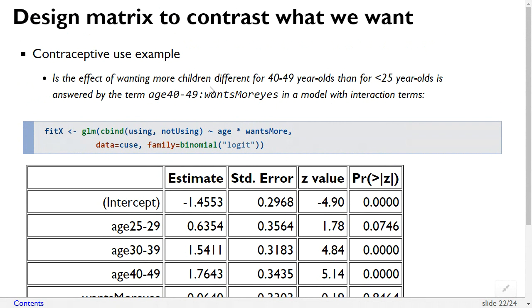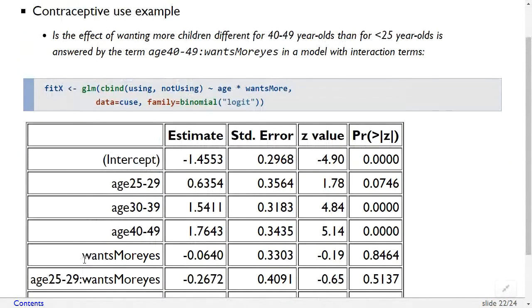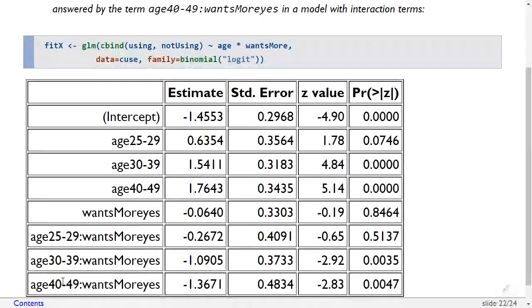Is the effect of wanting more children different for 40 to 49-year-olds than it is for the under 25 group? And that is answered by this interaction term here, which we can interpret as the effect of being in this age group as modified by wanting more children.